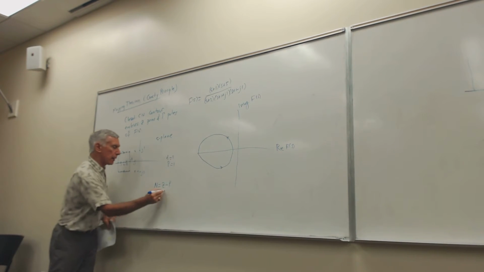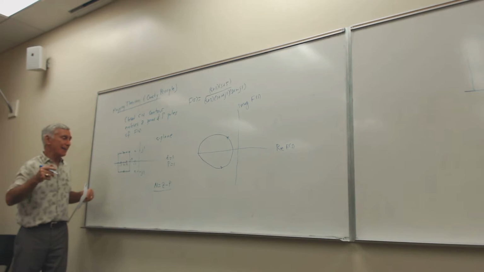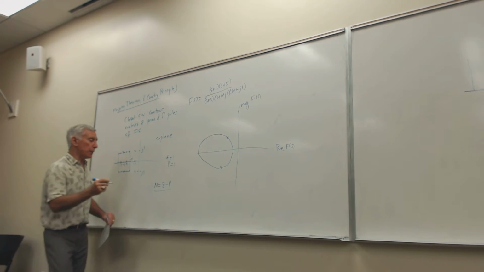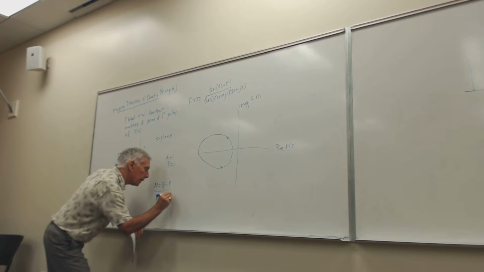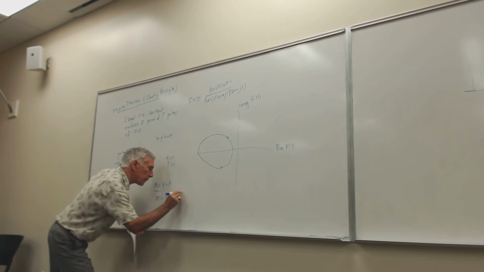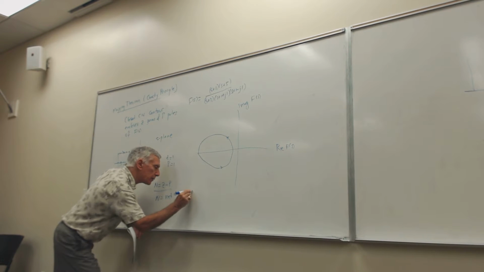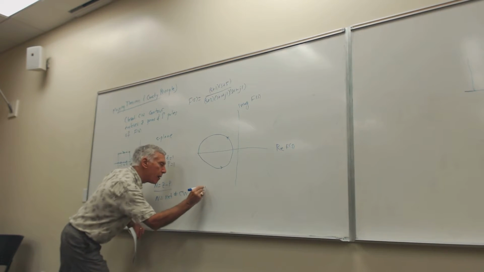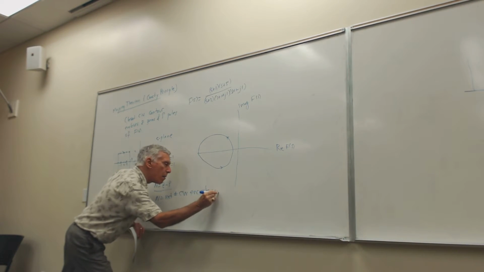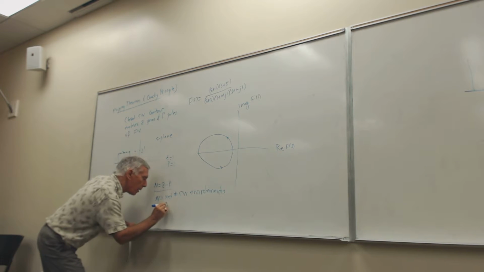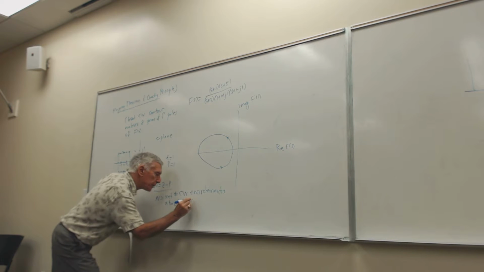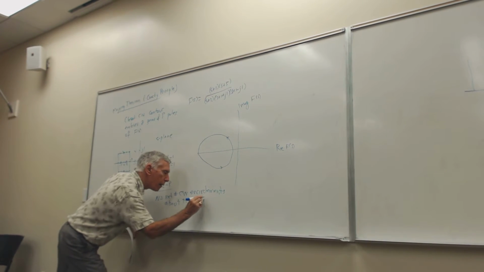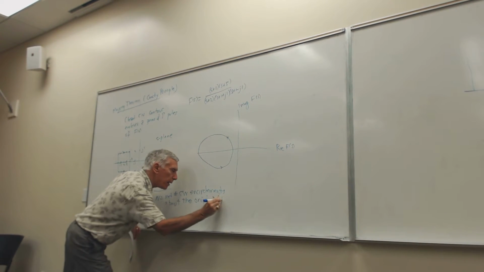That is the Cauchy principle, where N is the net number of clockwise encirclements about the origin of f of s.